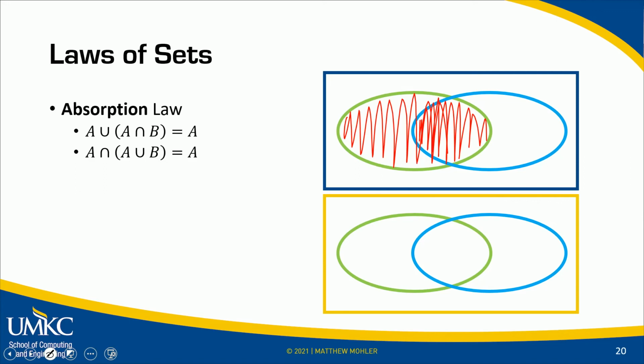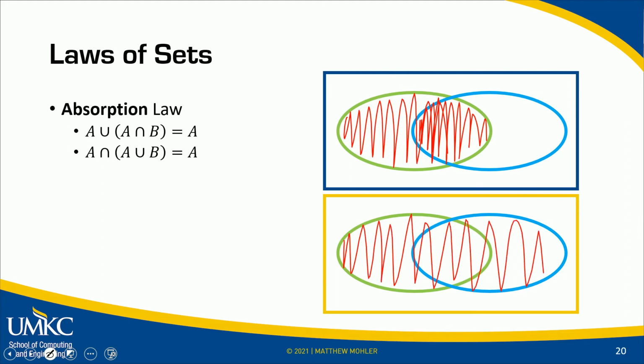And the second absorption law is that A intersected with the union of A and B is also equal to A. And so if I look at the union of A and B, that's going to be all of this area here. And if I intersect that back with A, then I'm only looking at the area where I have both blue and red, and what we'll find is that that is just A again.